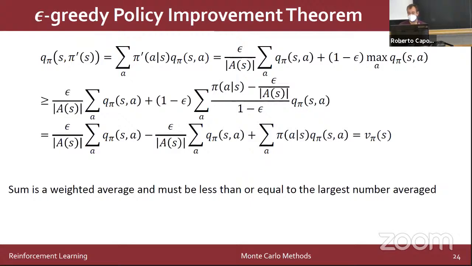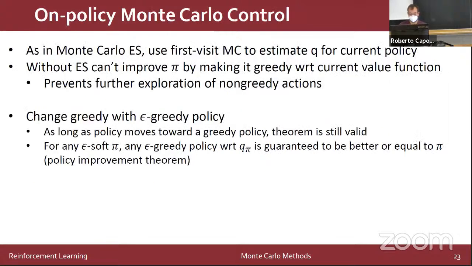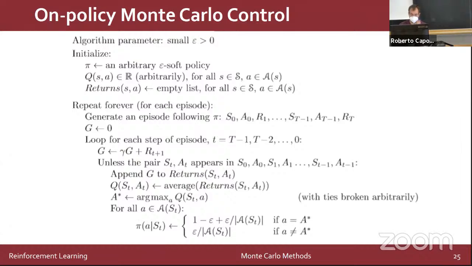It's just that you are now guaranteeing that every action is being sampled sometime in every state. So the larger the number of episodes, the larger the number of samples that you have, so the better will be your improvement and your evaluation. In this way, you are guaranteeing that you are exploring enough.